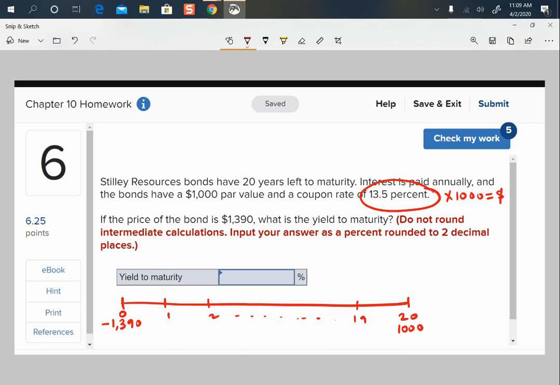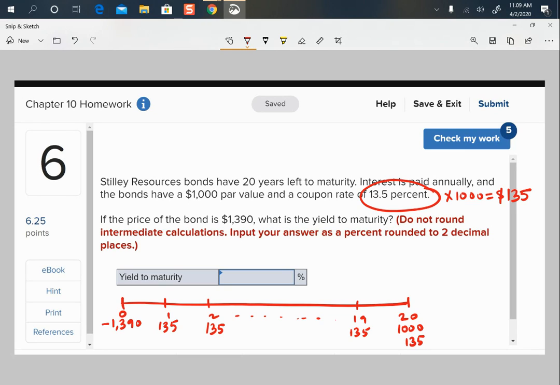So this bond is promising to pay you $135 every year, and then at maturity the bond will pay back the face value, which is also the $1,000. Every year you'll be receiving $135, and because you're receiving it, it's going to be positive, a cash inflow. In addition, you also receive the $1,000, which is again a positive cash flow.